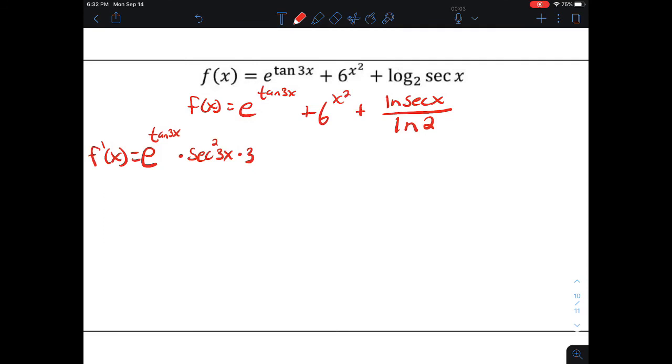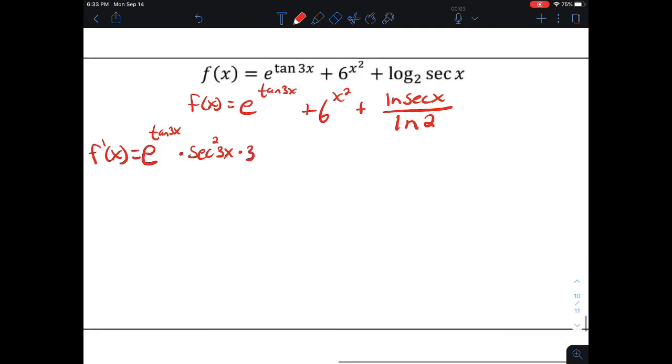So I had the composition of 3 functions to account for there. Now we have plus the derivative of 6 to the x squared power. The way that works is it's the natural log of the base, ln of 6, times the original exponential function, 6 to the x squared power, times the derivative of the exponent, which is 2x.